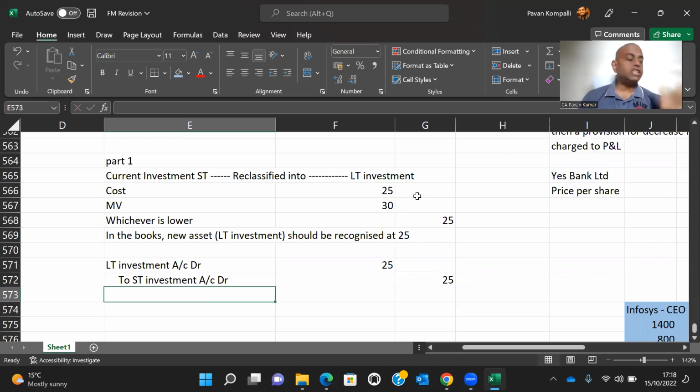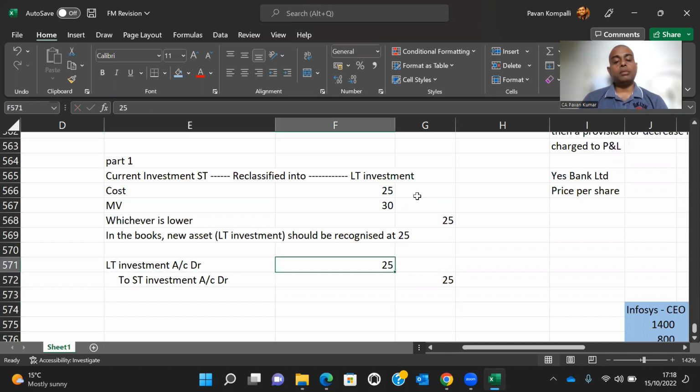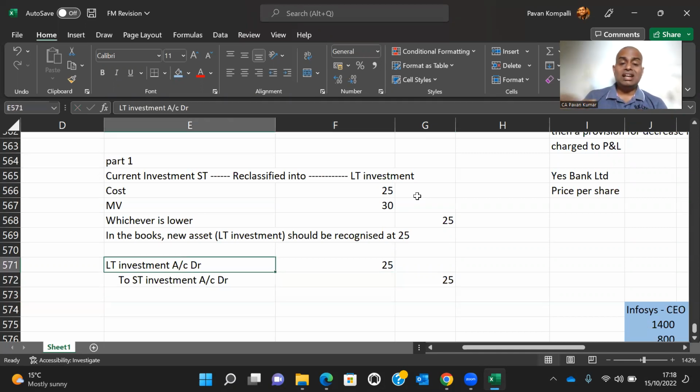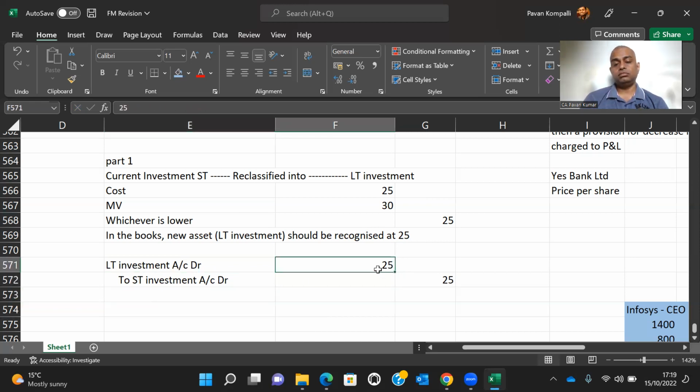If there is profit or loss, it will go to P&L. There cannot be profit. If there is a loss, it goes to P&L. You understand? So long-term investment 25 to short-term investment 25. What you are doing? You are recognizing long-term investment, you are de-recognizing short-term investment. Current investment reclassified into long term. Correct. That's all.